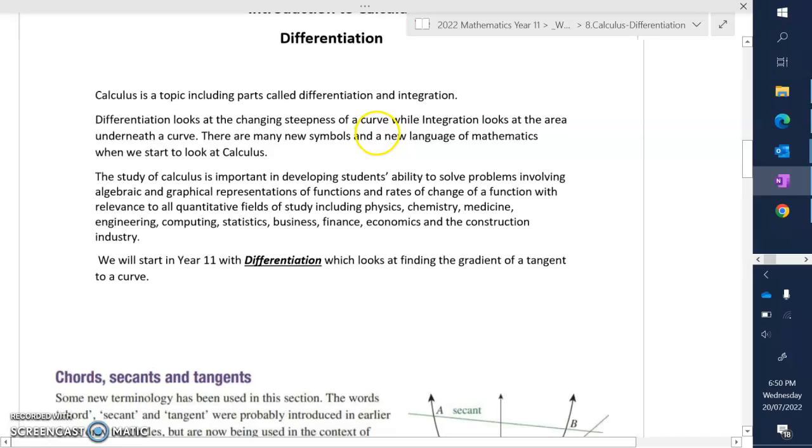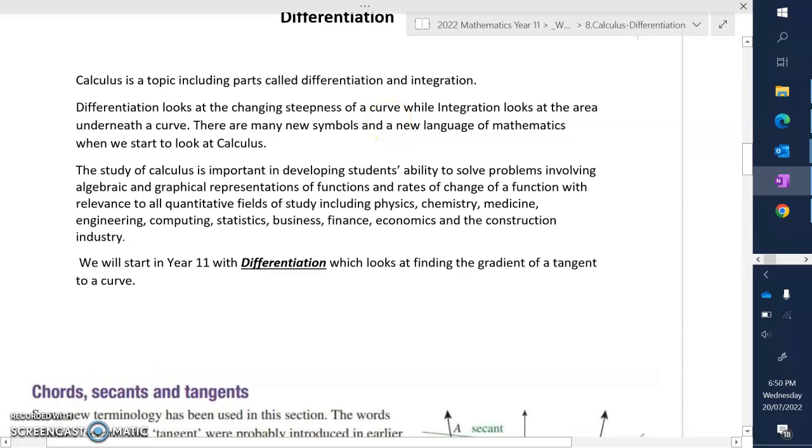Now, I like this next section. It says the study of calculus is important in developing the student's ability to solve problems involving algebraic and graphical representations of functions and rates of change of a function. That probably doesn't make sense yet, but that's where we're headed. But it has a lot of relevance to a lot of fields out in the real world. A lot of quantitative fields such as physics, chemistry, medicine, engineering, computing, statistics, business, finance, economics, and the construction industry.